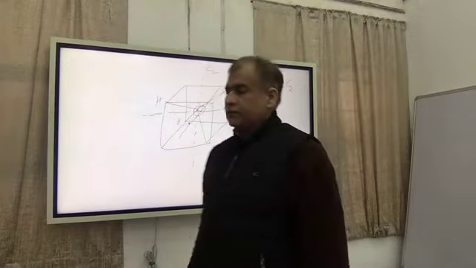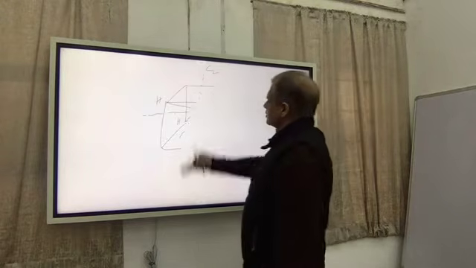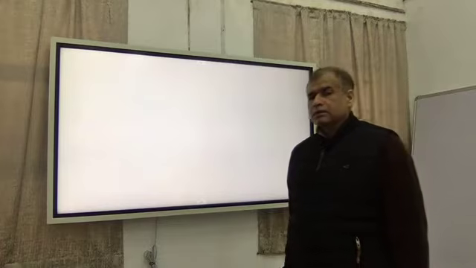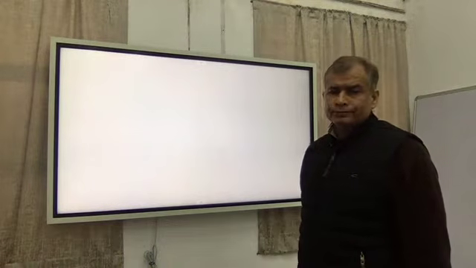Before I proceed further, first I would like to discuss the cube itself, because sodium chloride has a cubic unit cell. So let us try to find out the number of symmetry axes inside the cube.